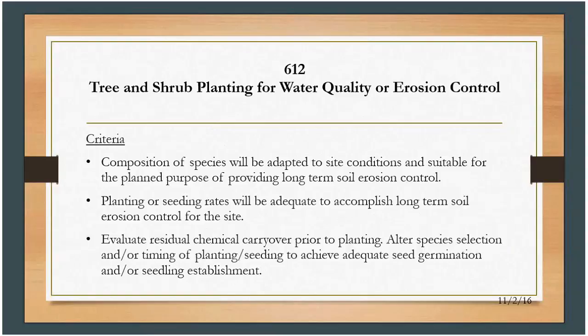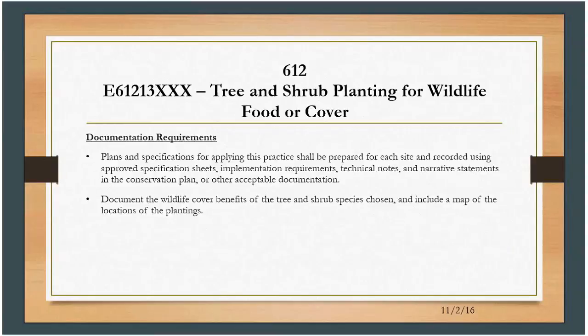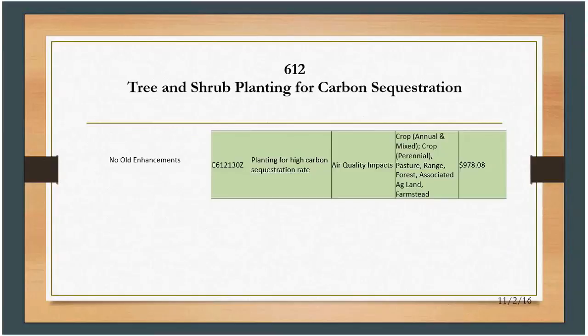That one is stuck in there because they're realizing that this is former cropland. So we have to be cognizant of any chemical carryovers that might affect trying to do this. The documentation requirements are basic for 612, including the wildlife benefits of the species that are chosen.